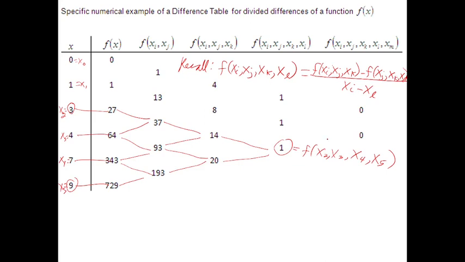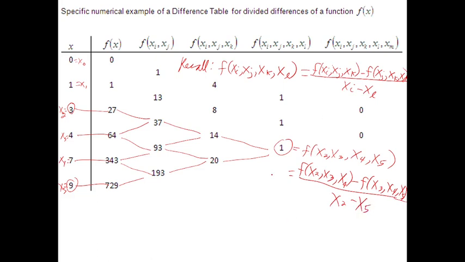So we have, so this is now equal to f of x sub 2, x sub 3, x sub 4 minus f of x sub 3, x sub 4, x sub 5. That's it, over x sub 2 minus x sub 5.